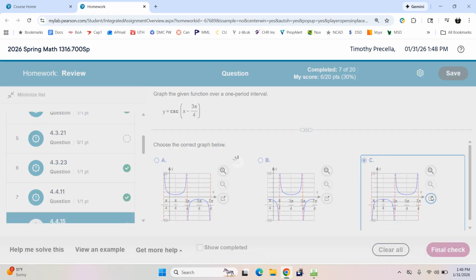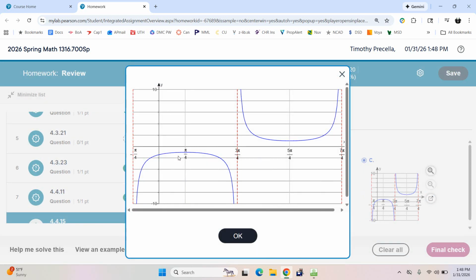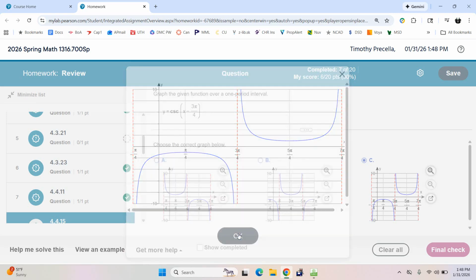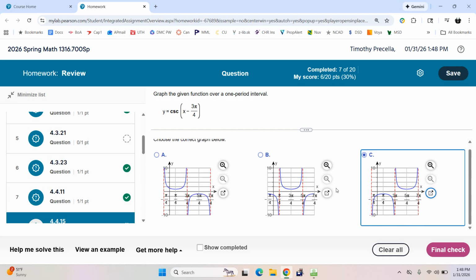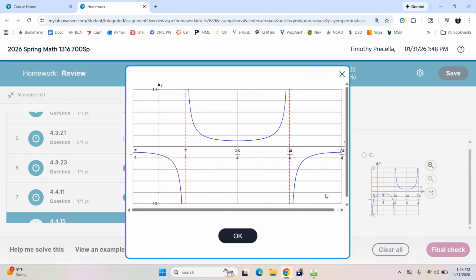Let's see if I blow it up. Well, this one doesn't. Let me look back at it. A, B, C. Which one has the asymptote? Is it B? Let me look.